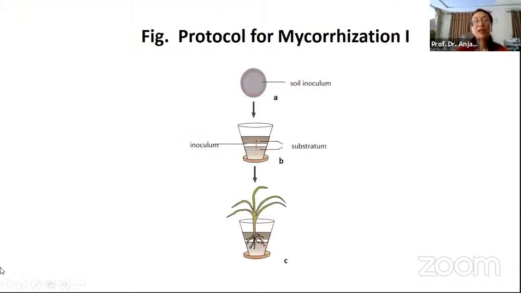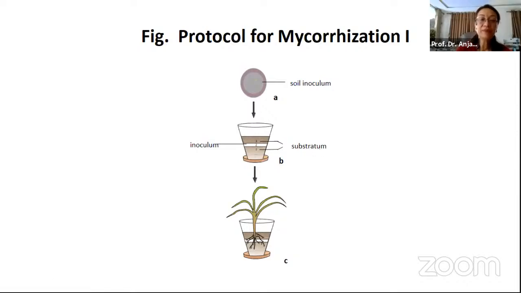And I would like to tell you how this mycorrhization can be prepared for use in plant seedlings. The first method, here you take the soil inoculum of Piriformospora indica with the soil. Obviously, it is in a sterile soil. First you take the substratum, that is the soil-sand composition.